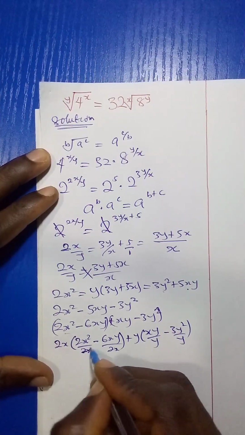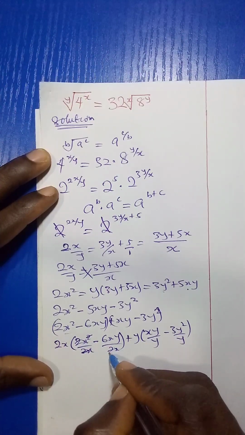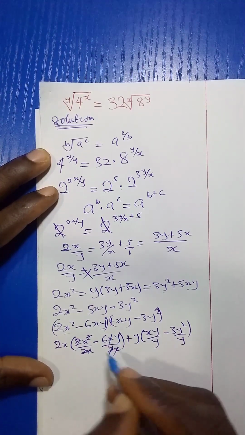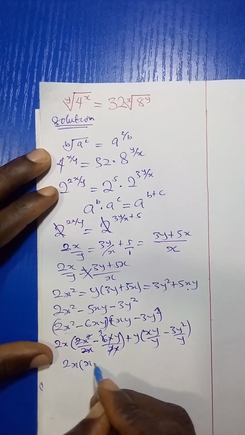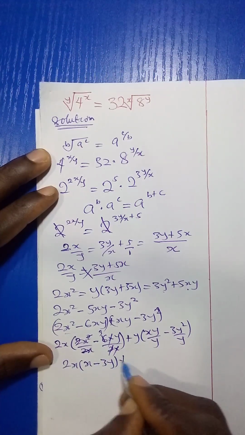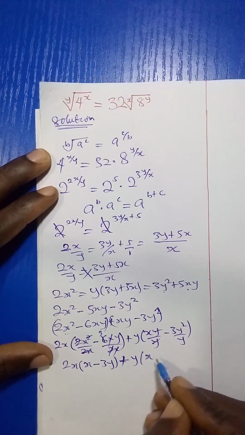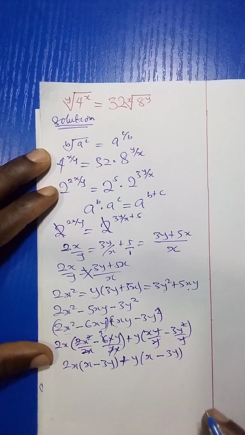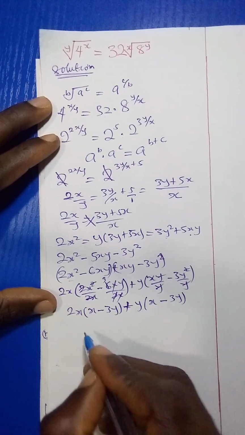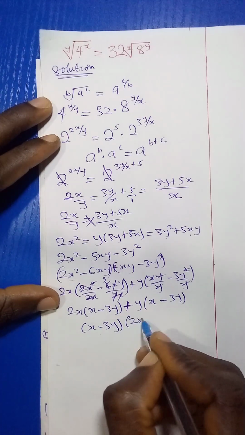Now, this will cancel this and this, and this will cancel this. 2 in 6 is 3. So you have 2x times x minus 3y, plus this and this will cancel, giving us y times x minus 3y. So we see the brackets are the same. We can take one, x minus 3y, and put this in another bracket, plus y.